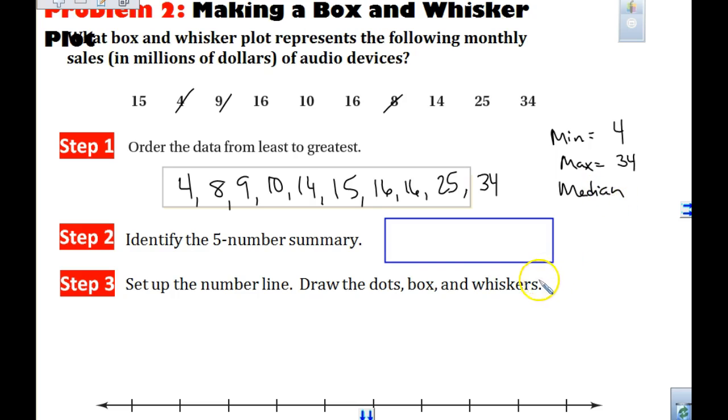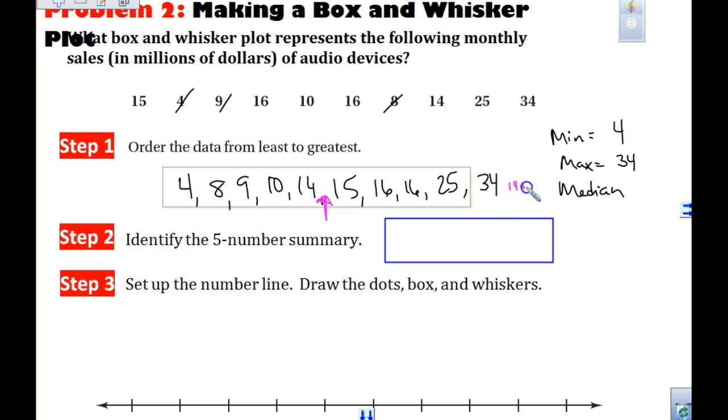How many data points? 10. So, if we are looking at the exact middle, median, we have to go between 14 and 15, right? 5 numbers below, 5 numbers above. The exact middle of 14 and 15, what you're really doing is adding 14 and 15, and dividing by 2, which is 14.5.